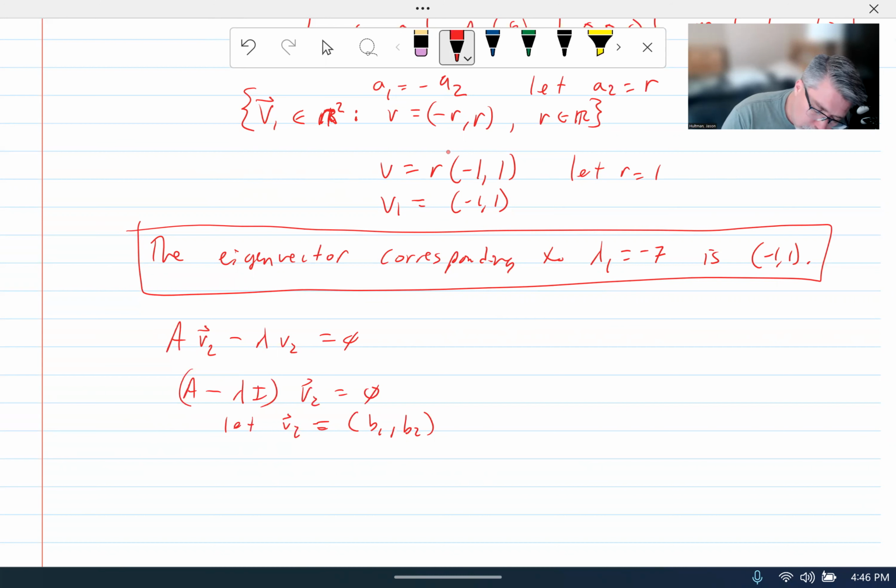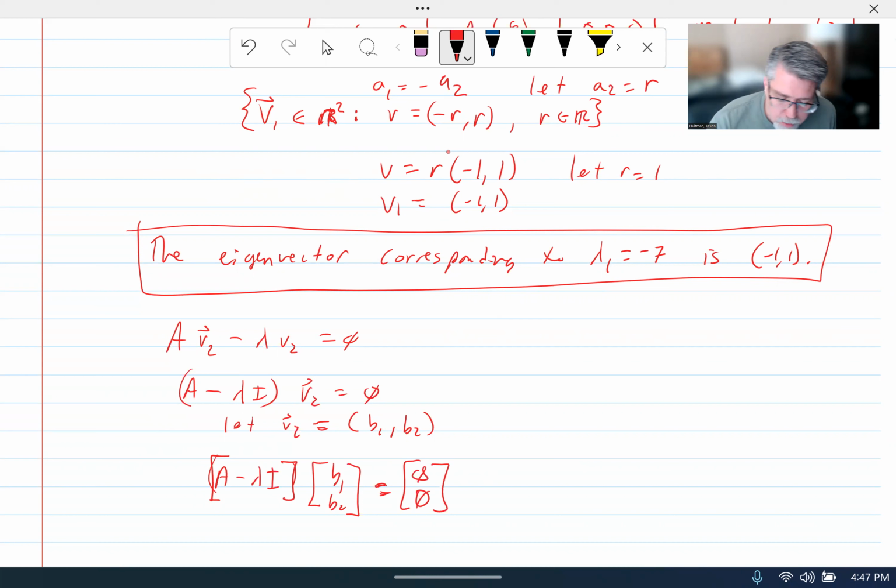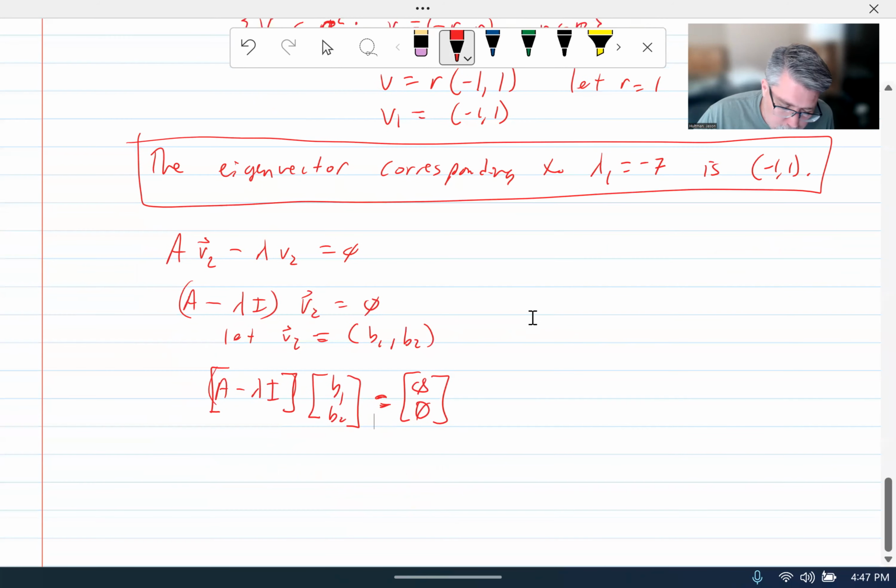And so we'll say A minus lambda I times B1, B2 is going to be a 2 by 2 times B1, B2 equal to 0, 0. So we can do the subtraction and setting it equal to 0 all in one step. So it makes it a little bit faster.